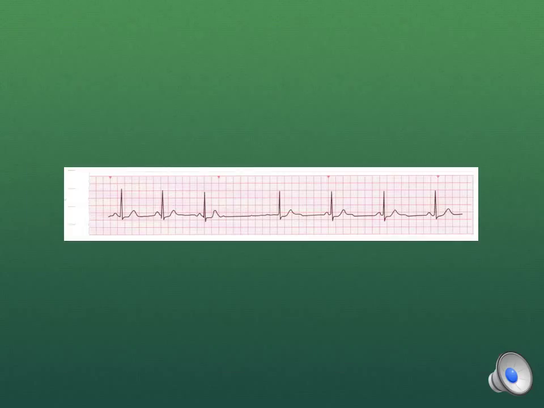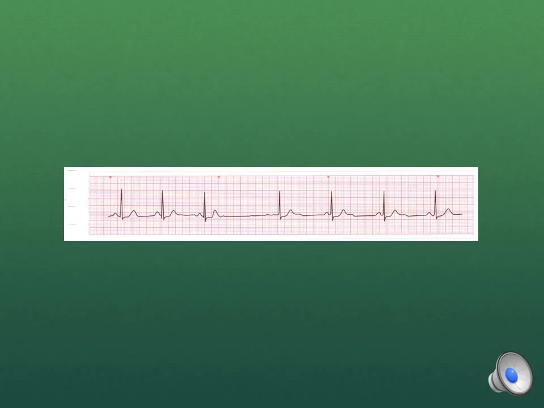All right, here we have a rate of about, we'll say, 60 beats a minute. It's not regular. We do have narrow QRS complexes. We have P waves in front of all our complexes except one right there in the middle. Our fourth complex does not have a P wave.